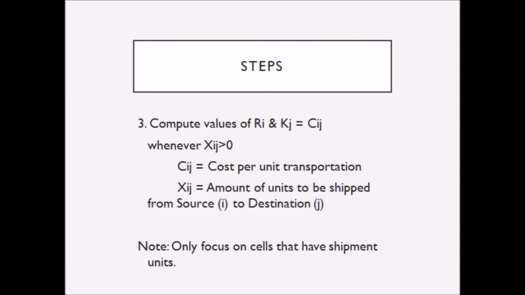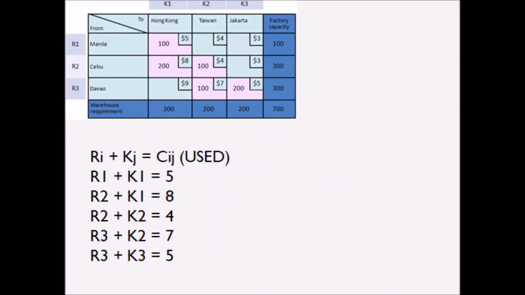So now let's apply this. R sub i plus K sub j is equal to C sub ij. Each filled box is the only one that we will consider. So R sub 1 in this first equation, plus K sub 1, is equal to a shipping cost per unit of 5.